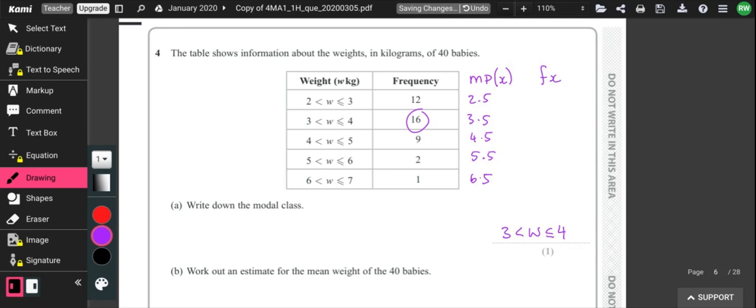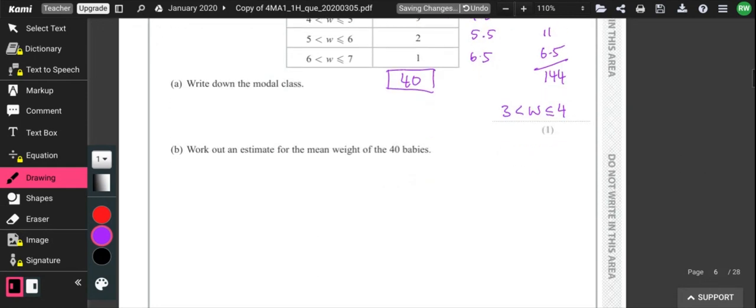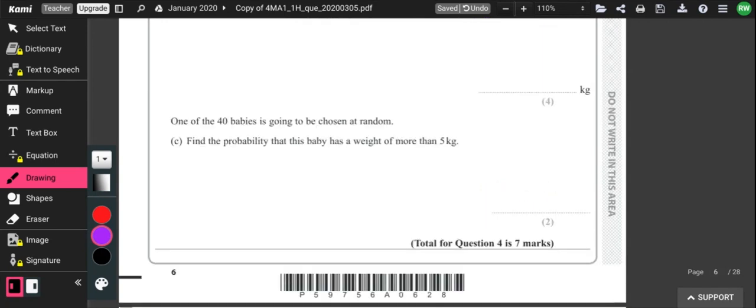So 12 times 2.5 is 30. 16 times 3.5 is 56. Then 9 times 4.5 is 40.5. Then we have 11 and 6.5. So we're going to total those up to get 144. And then we're going to divide that by the total frequency, which is 40. So the final answer will be 144 over 40. And that equals 3.6.